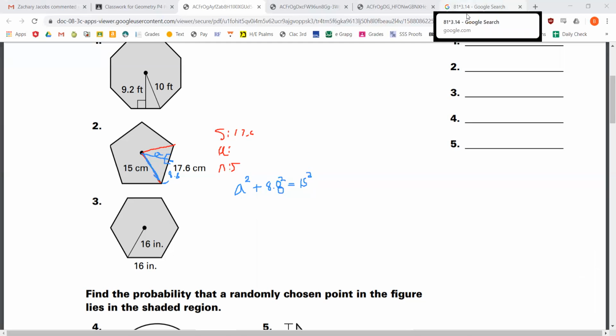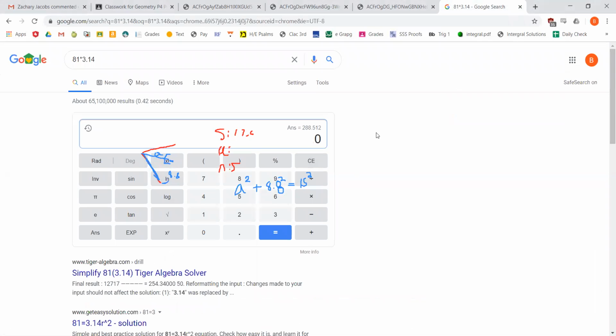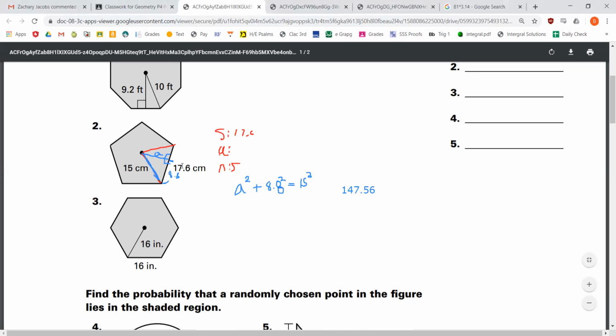Okay, so let me type it into my calculator. So 15 squared, and I know I'm going to have to subtract 8.8 squared. What is 8.8? 147.56. 8.8 is half of the side because when you make this right triangle, it cuts it in half.